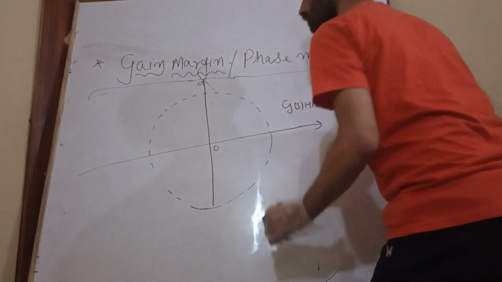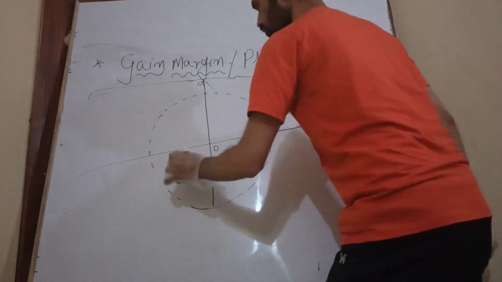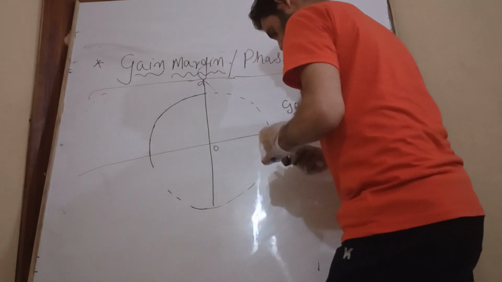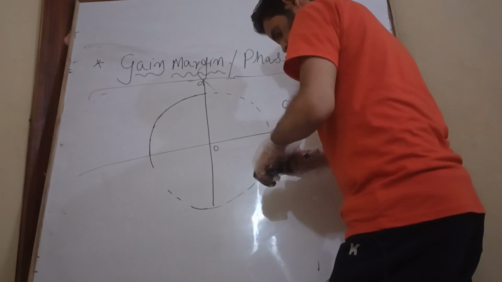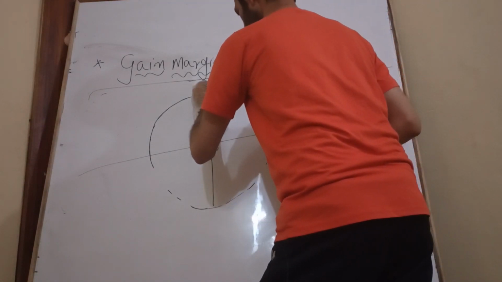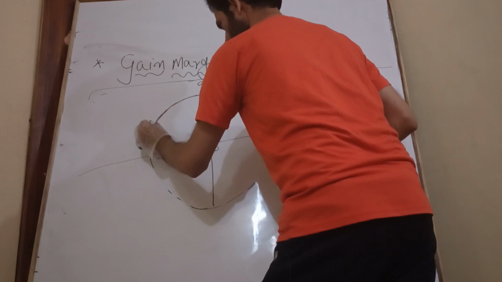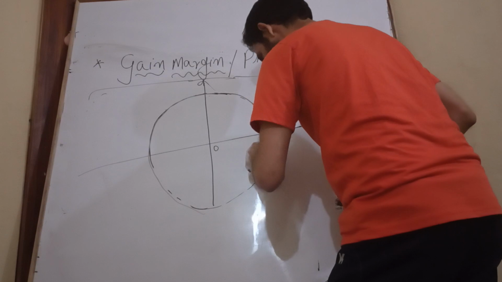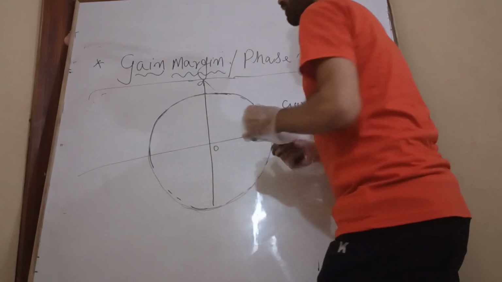Let's say this is my unit circle. Let me make this in red color. There is no red color at all, so no problem. This is my unit circle.